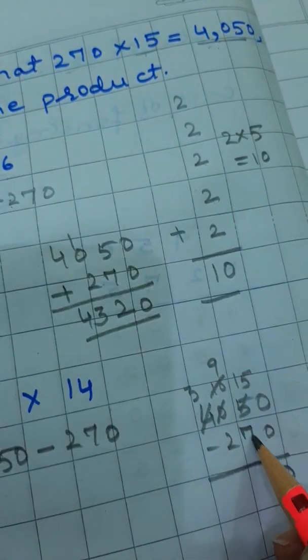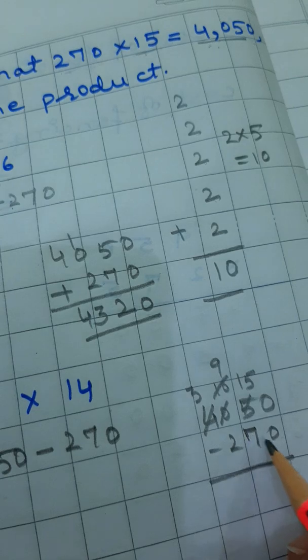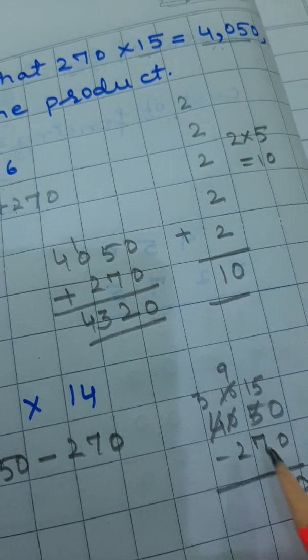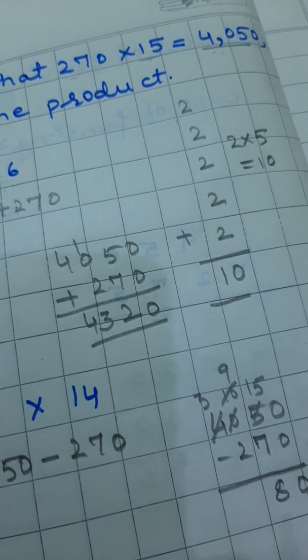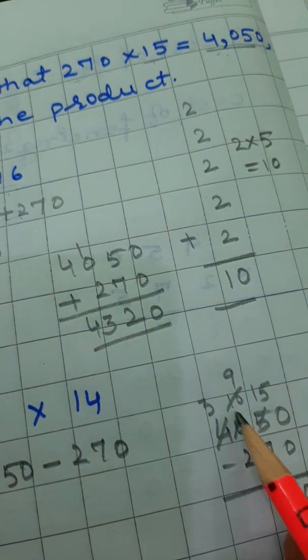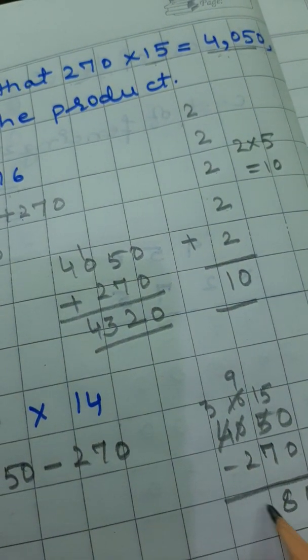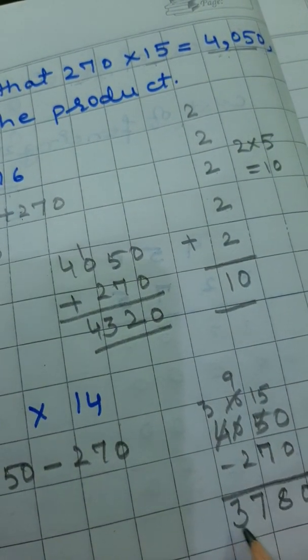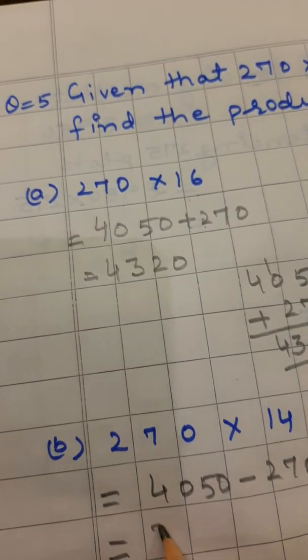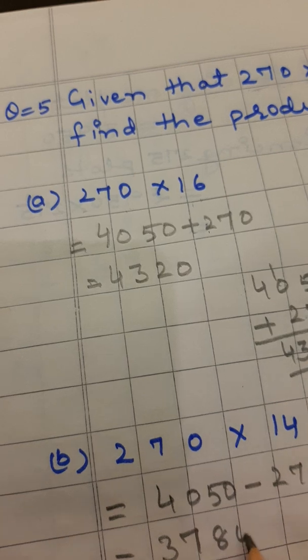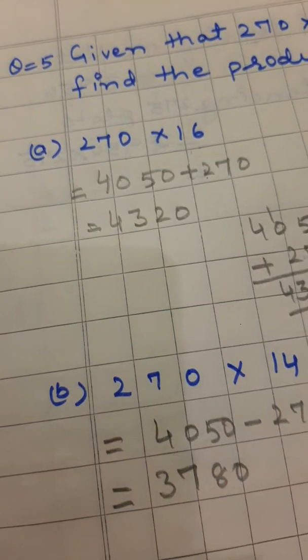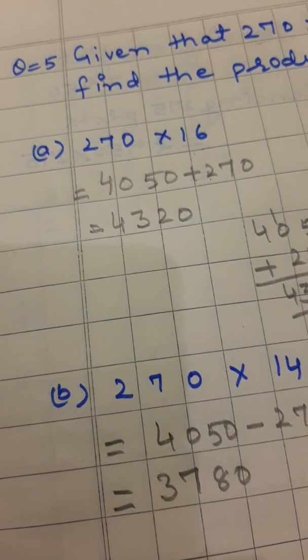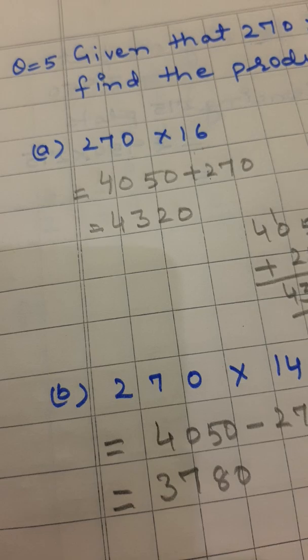So 8, and here it will be 7 and 3. So the answer will be 3780, right? So in this way you can solve question number 5.